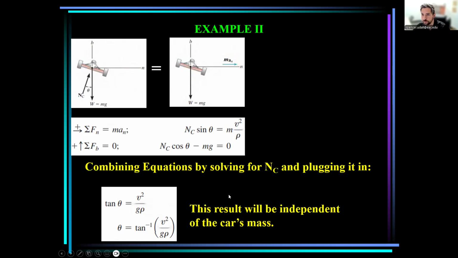That's okay for all of the cars to not slide if they're going a certain speed around a certain radius. So that could be useful. We could use that for track design, or for insane race car track design, and come up with a banking angle and not need to know what the coefficient of friction is or what the mass of the vehicles is. It would work for all of them.